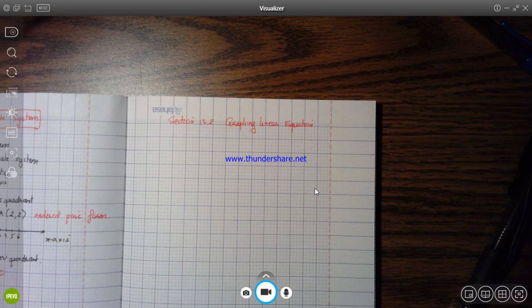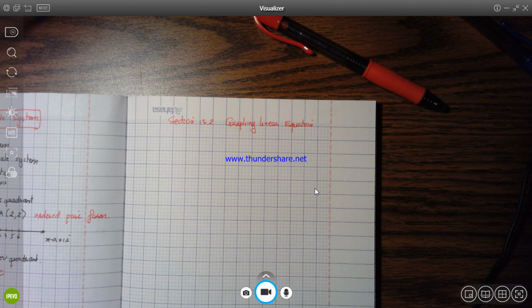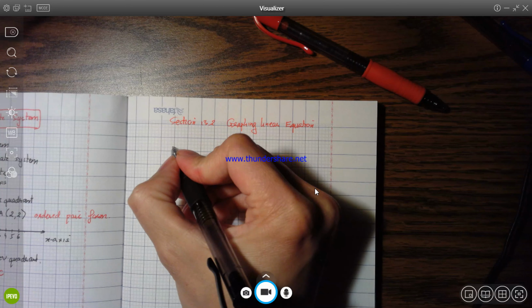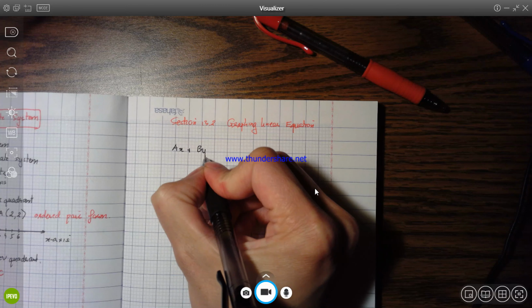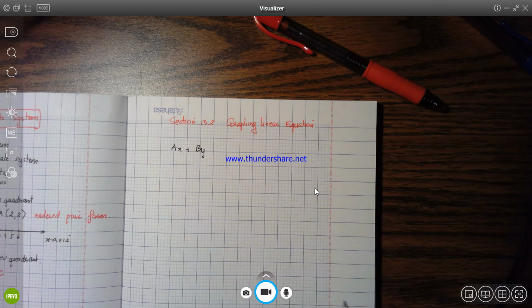This linear equation has the following form: ax plus by equals c, and this is called the standard form of linear equation.